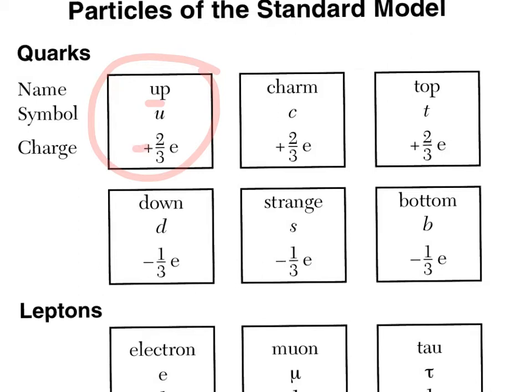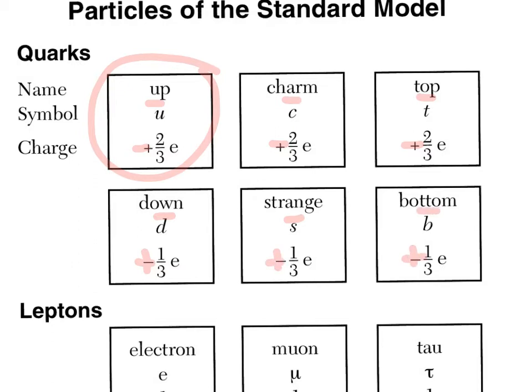So we're basically negating the charge, and we are putting a line on top of the symbol. So an anti-charm would have a bar on top of the C, and it would be -2/3. Anti-top would have a bar on top, and then -2/3. Anti-down, bar on top, and it would be +1/3. Anti-strange, +1/3, and anti-bottom, +1/3.